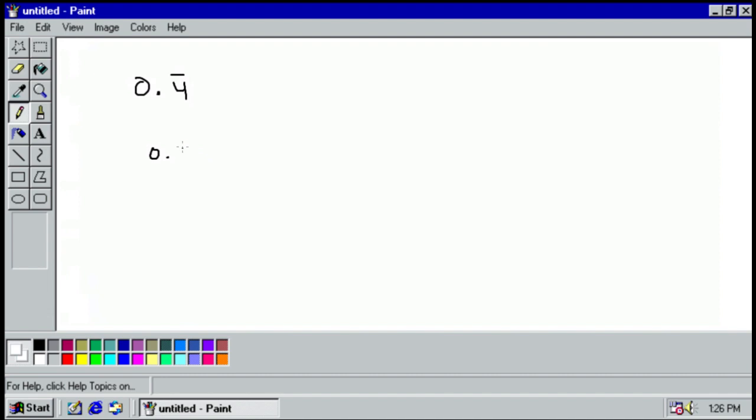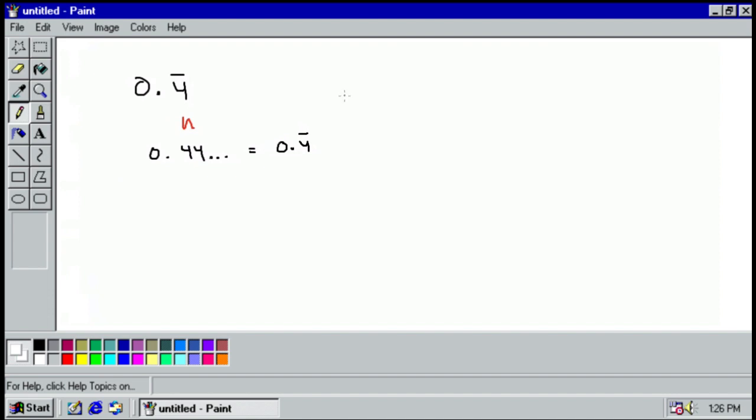Let's repeat it once and put dot dot dot, that means repeating. So that is equal to this number, 0.4 repeated. Now let's think of this part as n.